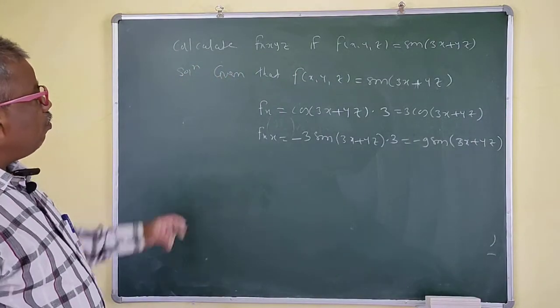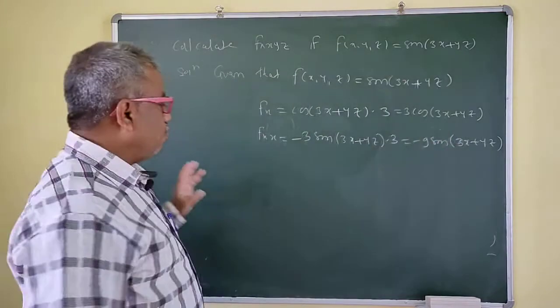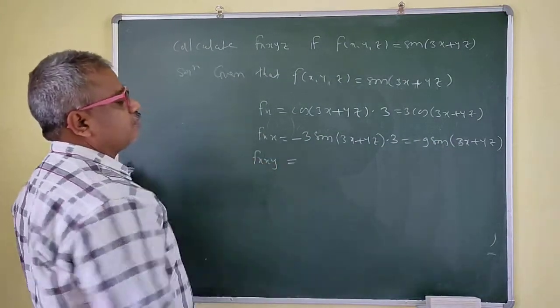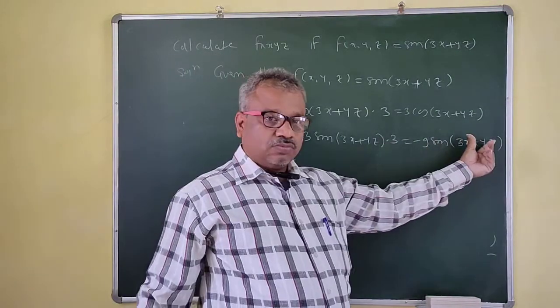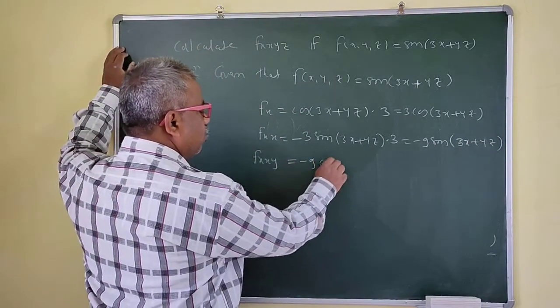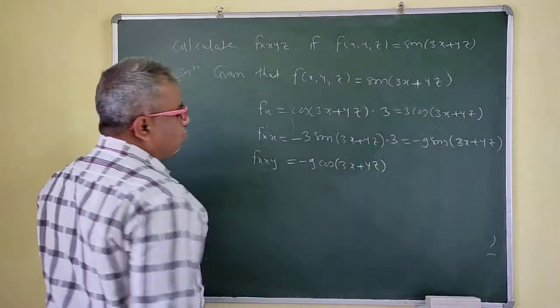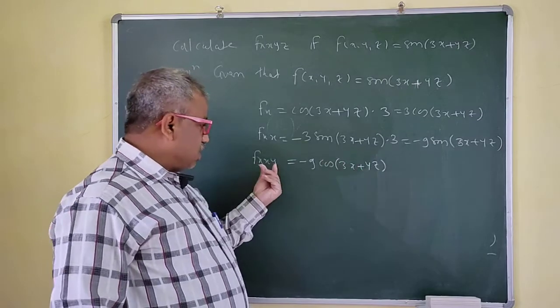Now we have to differentiate with respect to y. Partial differentiation. So fxxy. Again this is 9, and y is there. So this is minus 9 cos of (3x plus yz) into the derivative of something with respect to y.